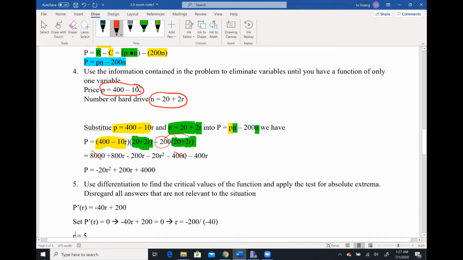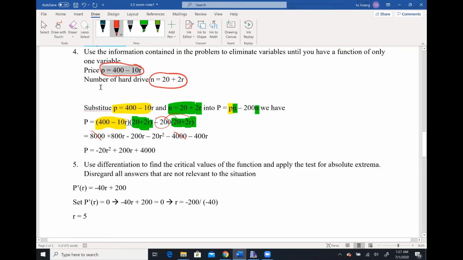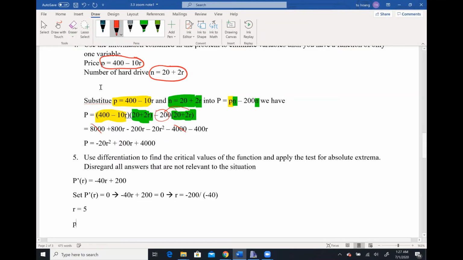So I have to go back to the equation of price with respect to R. The price P equals 400 minus 10R, which is 400 minus 10 times 5, which is 50, right? So 400 minus 50 is 350, and I say $350 for each item is going to be the answer.